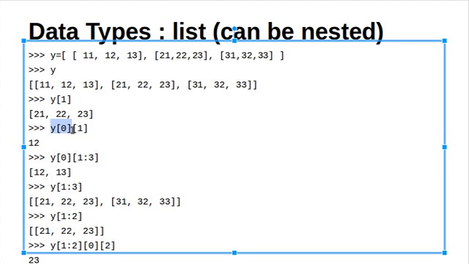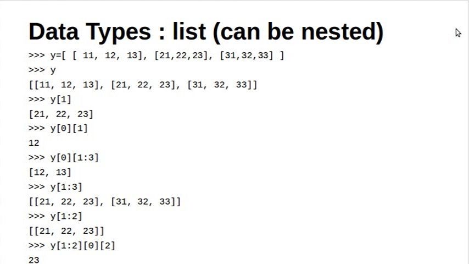Y[0] is a list of integers, exactly this highlighted stuff, and on that you can apply a subscript 1, that means give me the second element, which is 12. So you can see 12 is given. You can satisfy yourself that these syntaxes are valid, and these are some kind of things which you can do on lists.